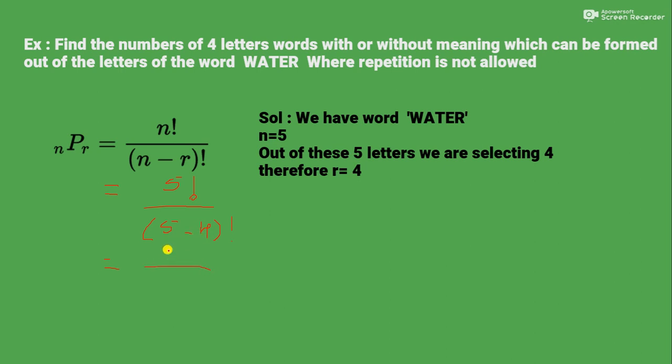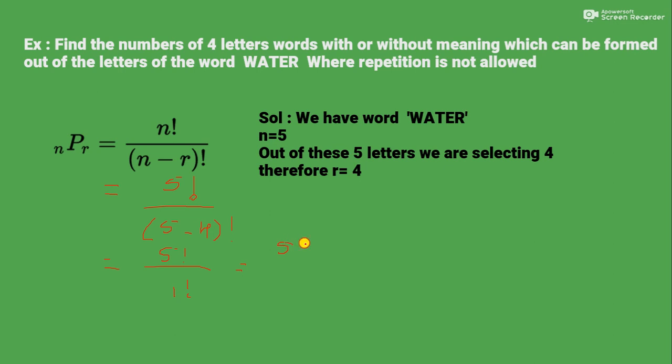So in the numerator we have 5 factorial, and in the denominator 5 minus 4 is 1, so 1 factorial.